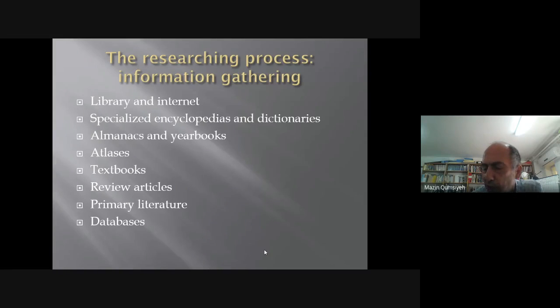Rarely do you put original data in a book. Books are summarizing, so they are secondary literature. Review articles are summarizing, so they are secondary literature. Yearbooks, summarizing, secondary literature. Encyclopedias are summarizing, so they are secondary literature.